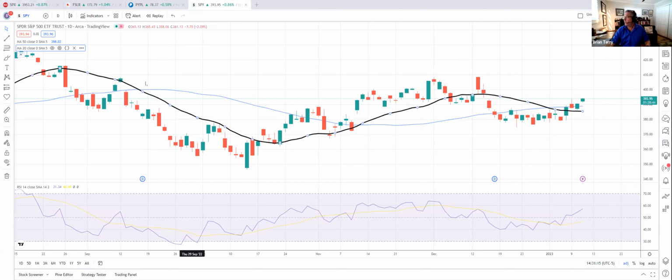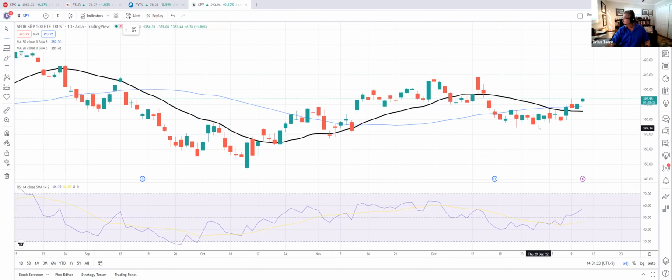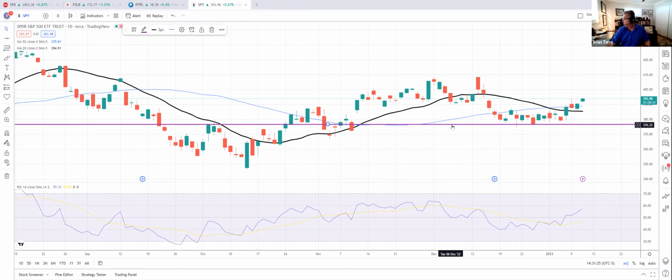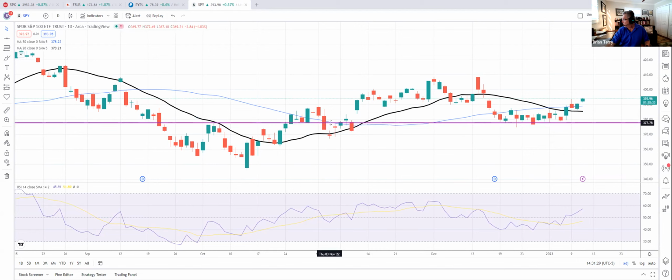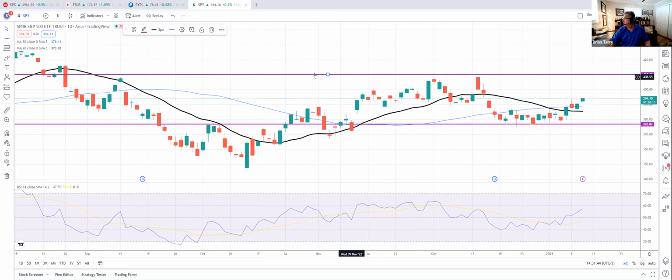I think the other one that we would look at is support and resistance. So that just comes down to drawing support levels. Like here is a really strong support level right now, somewhere in the 377 level. Would y'all agree with that? And then for resistance, it would be somewhere up in this level.